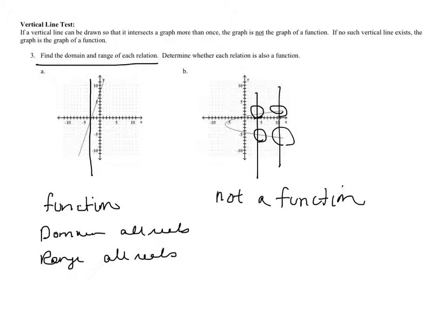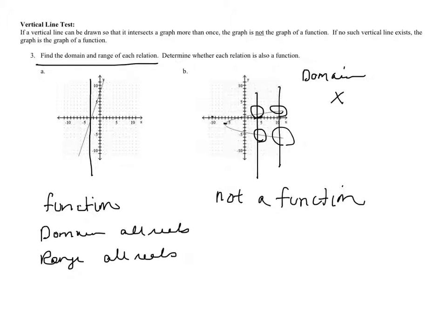Now for B here, we have to determine the domain. We have to think about the x values that we don't see. If I look at -10, -10 doesn't have any values at all for the graph. I see that we start to have values when x is -6.